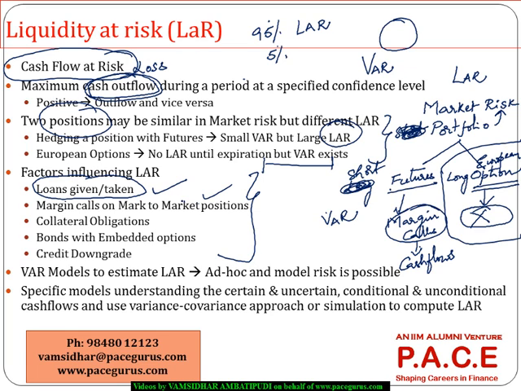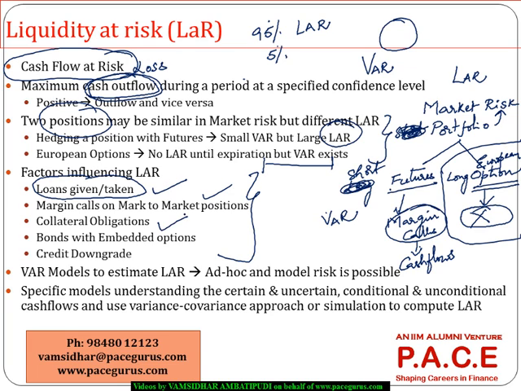Similarly, any positions which you have got into where there is a daily mark to market settlement and margin calls kind of thing existing, there might be a possibility of cash flows somewhere in the middle, which means LAR can exist there.